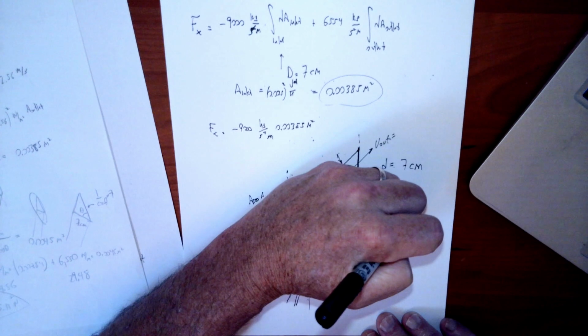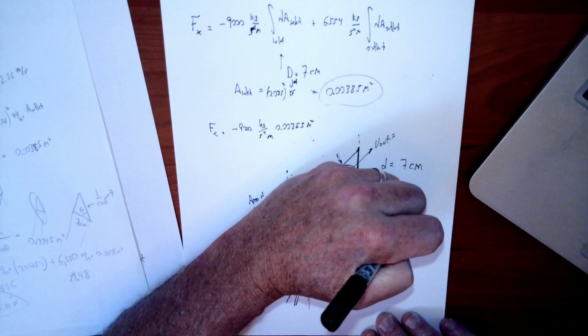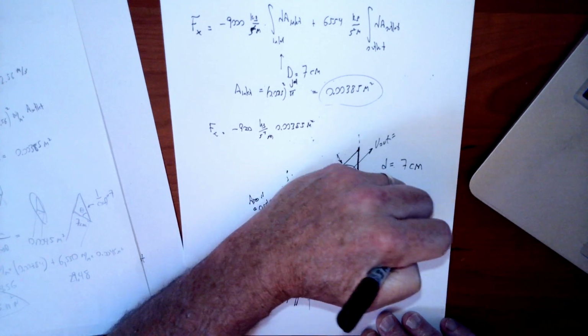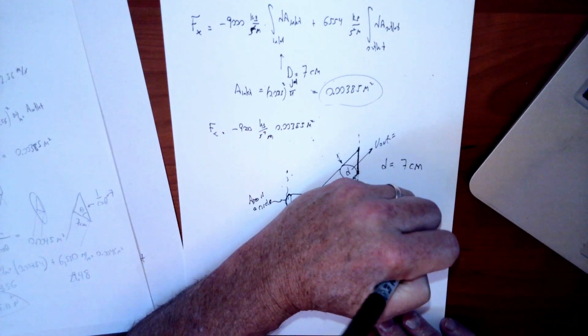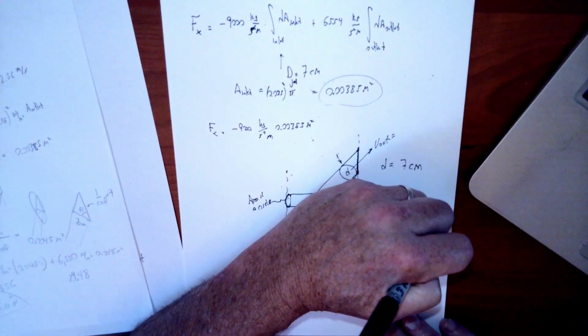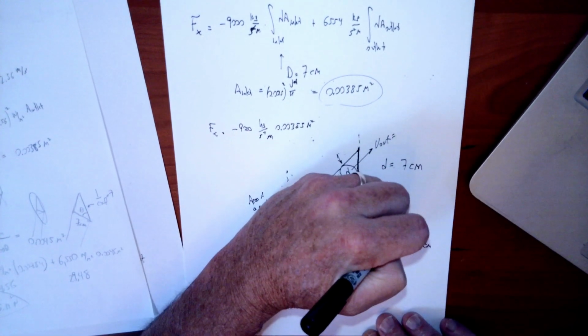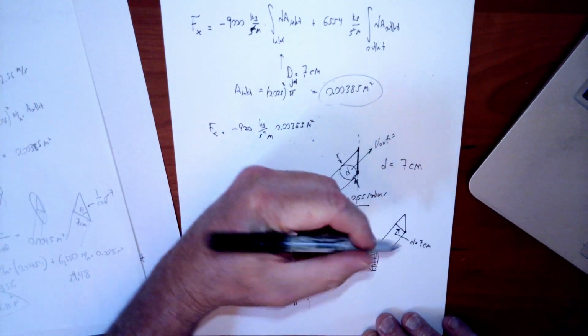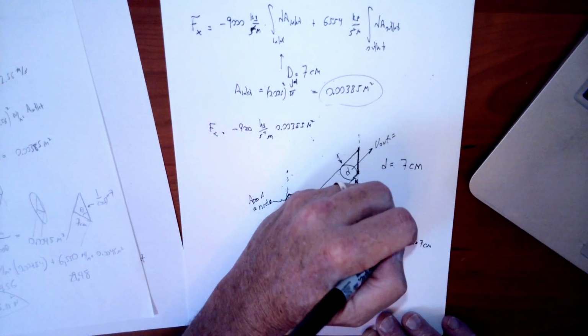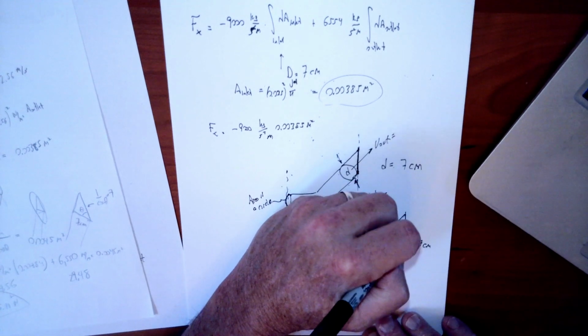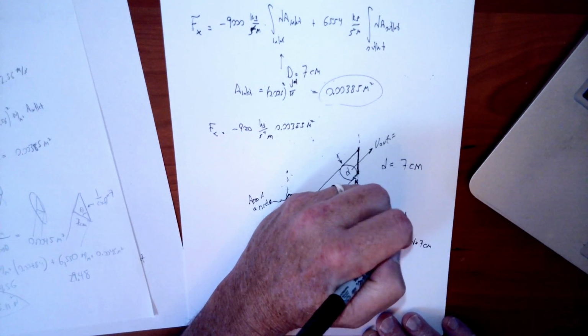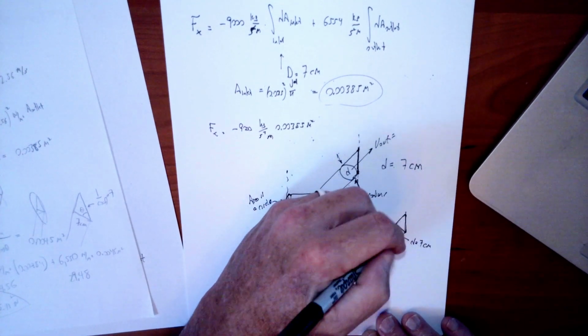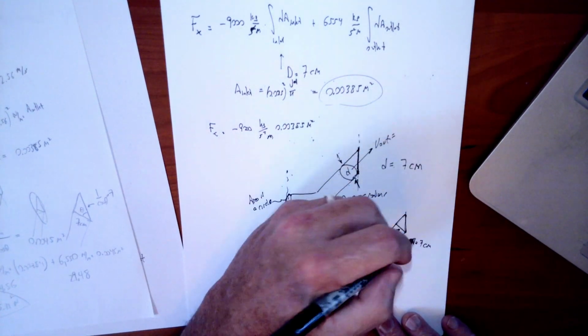This is my jet. So this is my cross-sectional area right here, my 7 centimeters. This is D equals 7 centimeters because that's the cross-section of the jet right there. But this right here is the hypotenuse of that triangle. So this is going to be longer than 7 centimeters.